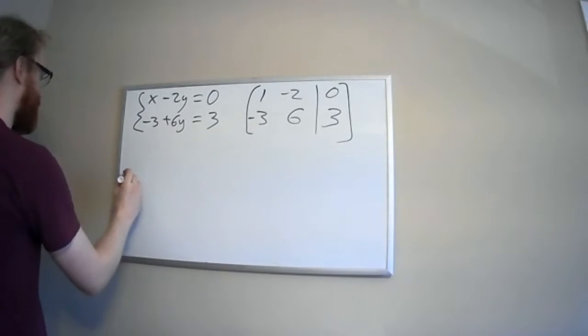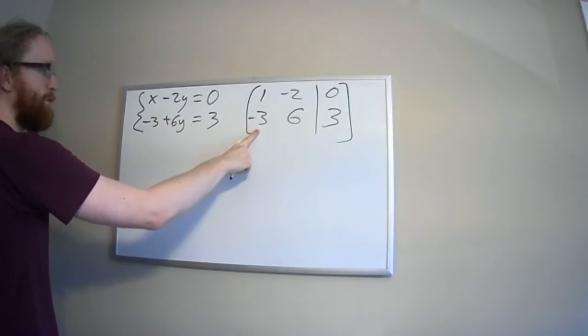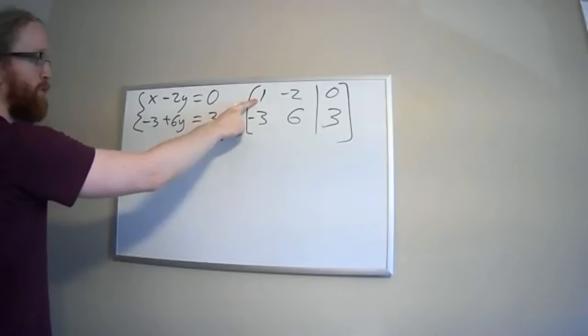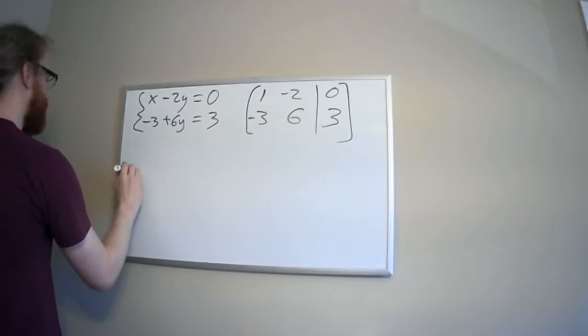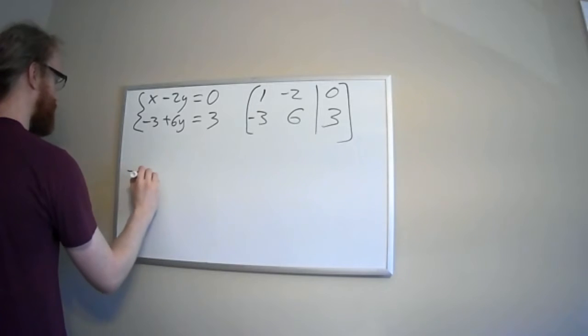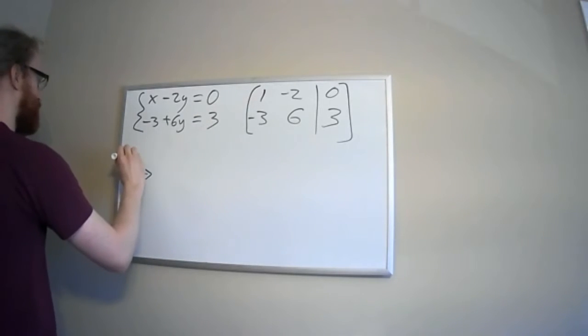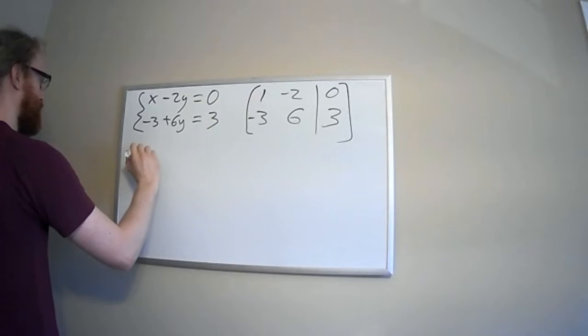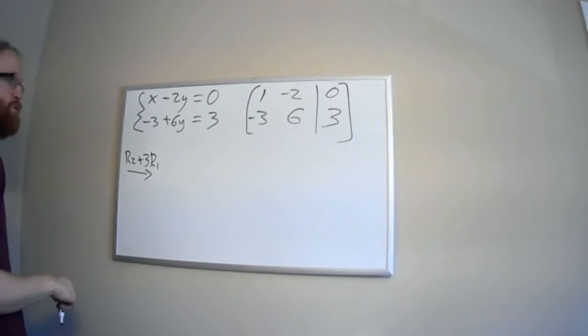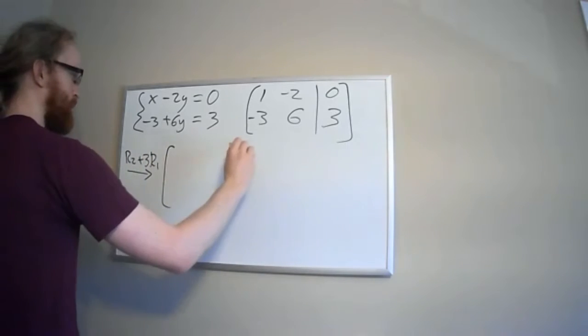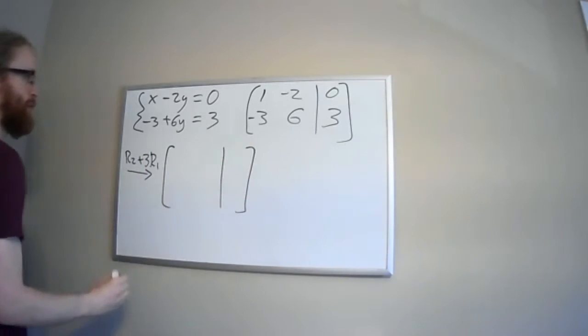How do I do that? Well, what cancels out -3? How about +3? We'll multiply this first row by 3 and add it to the second row. So row 2 plus 3 times row 1. Okay, so what happens?